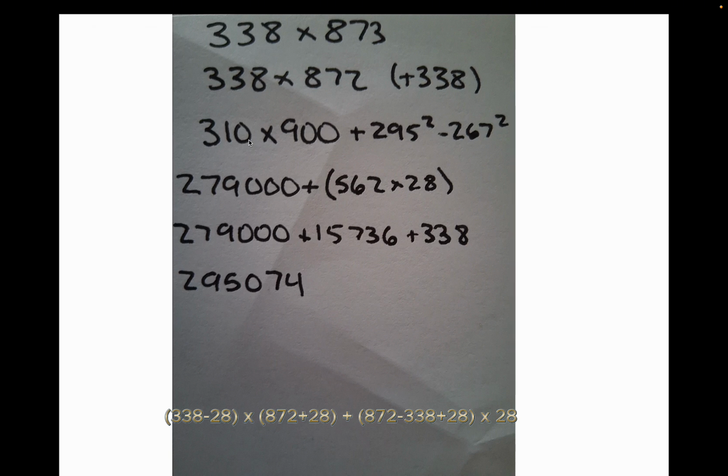The 3 by 2 is generally going to be much easier to do than the 3 by 3 if you are a non-Sorbonne competitor and you don't have an extremely highly developed visualization ability. So I have 297,000. The result of 562 times 28 is 15,736. I need to put the 338 back in there that I took out earlier, and we come up with our answer, 295,074.